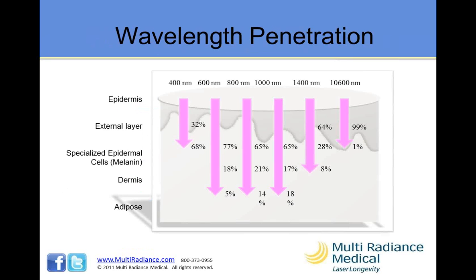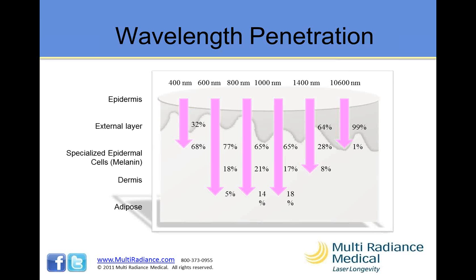So if you look at this graph, this shows basically the depth of penetration of laser therapy based on the wavelength. So as you see different wavelengths at the top of the screen, the 400 nanometers all the way to 10,000, you can then follow down the chart and find out how deep you're getting penetration.